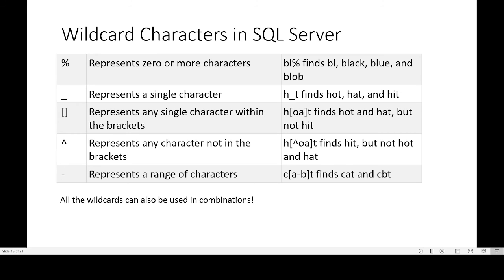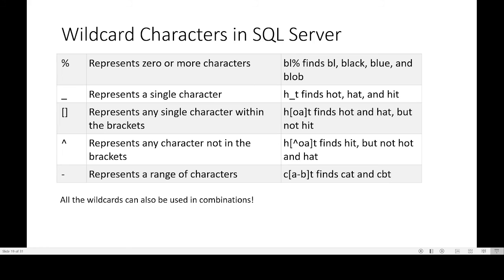Then the square bracket is similar to the previous one in MS Access. Whatever characters we write within the bracket, any one of them should be present between H and T. Another one is the caret, which represents any character not in the bracket.